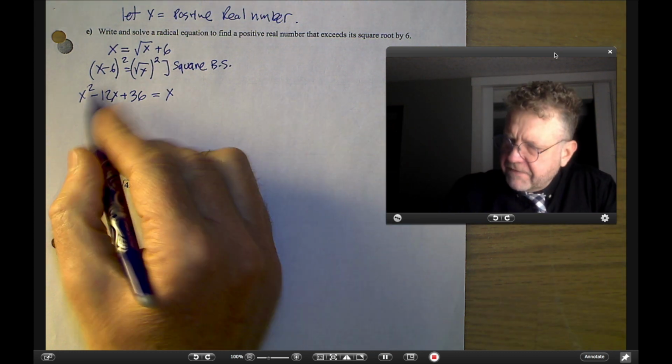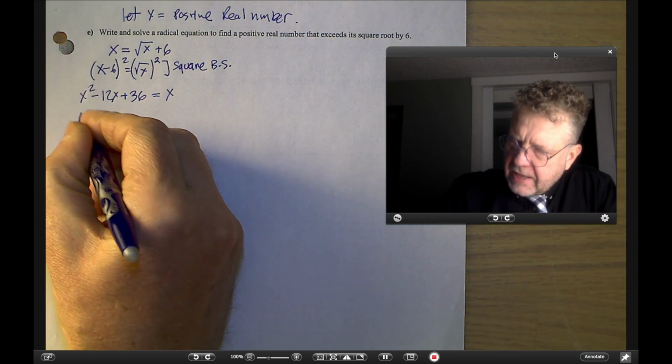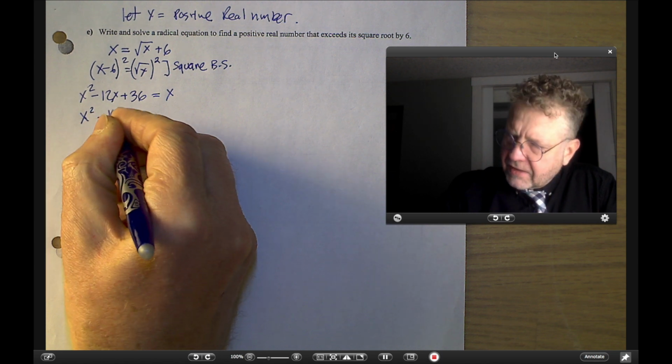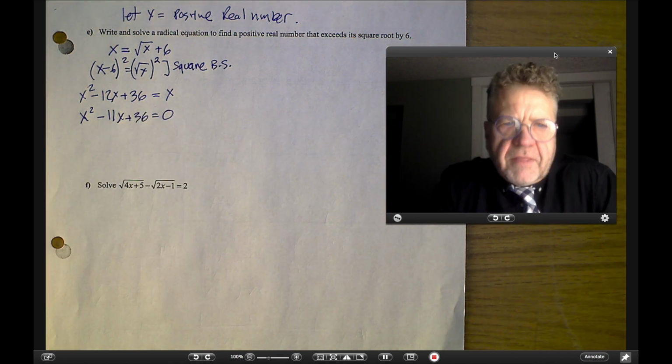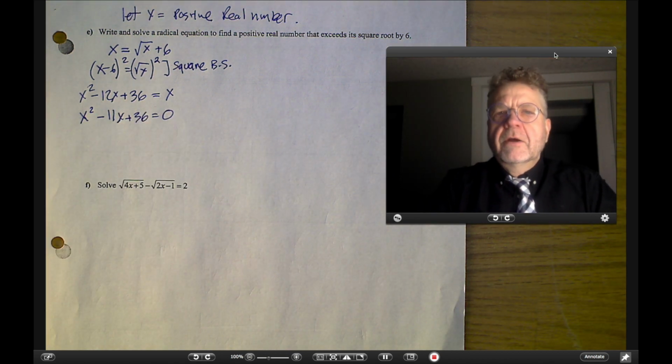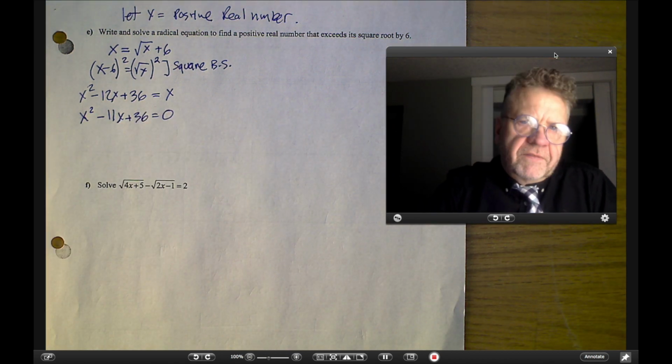So when I finish and I simplify this, I'm going to have x squared minus 11x plus 36 equals 0. There is the quadratic for which we need to find the roots.